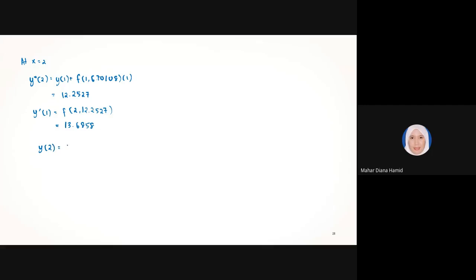And the value at x equals 2, with h equals 1, would be 16.3198.